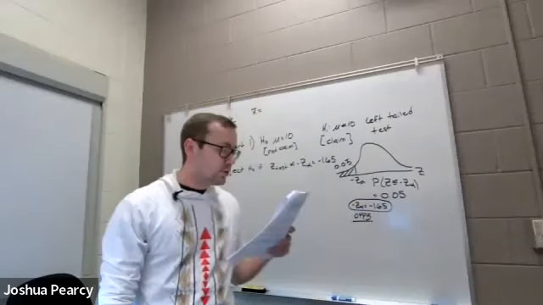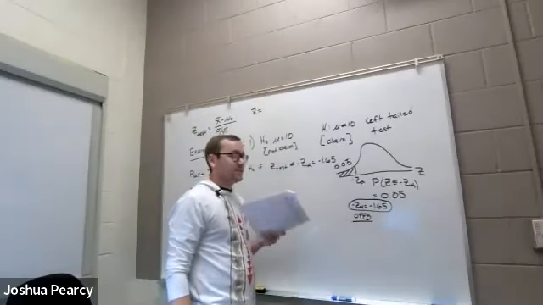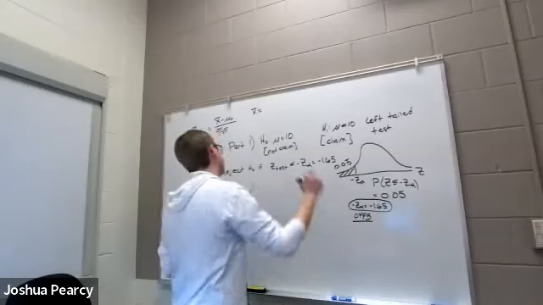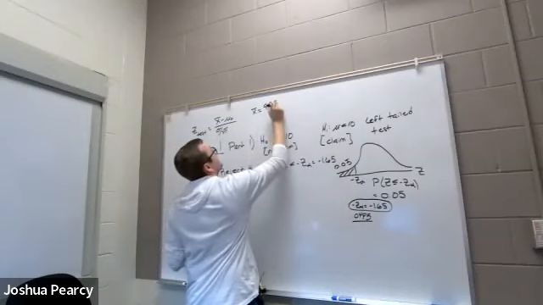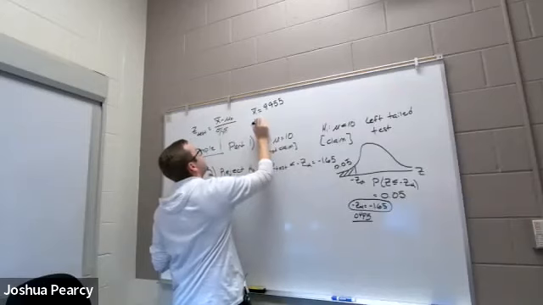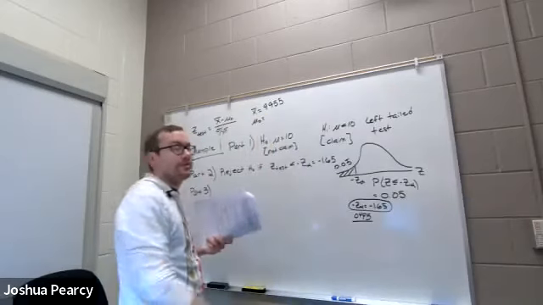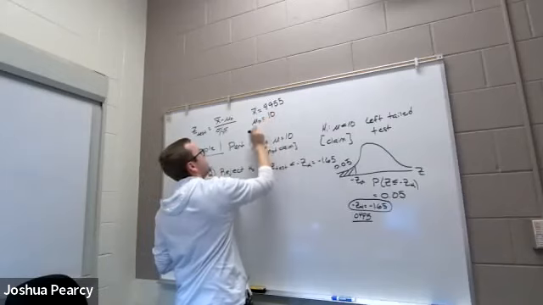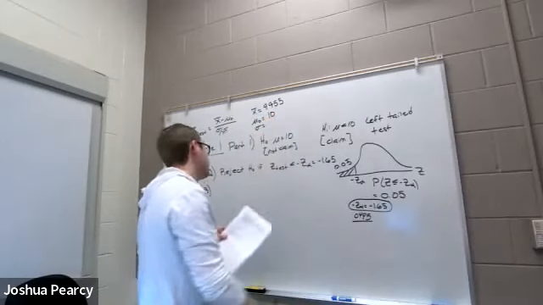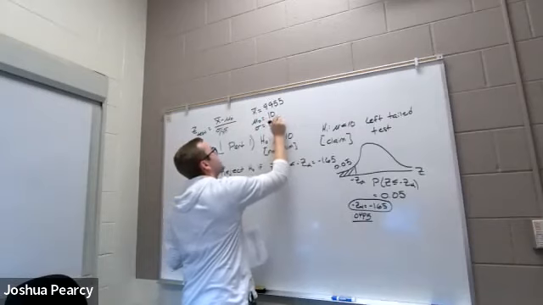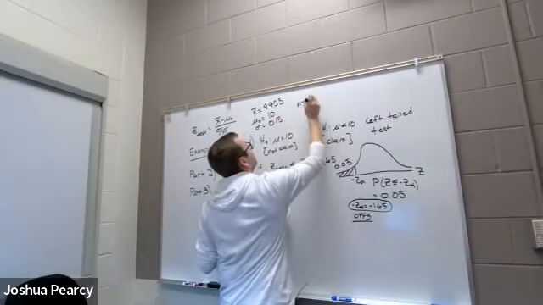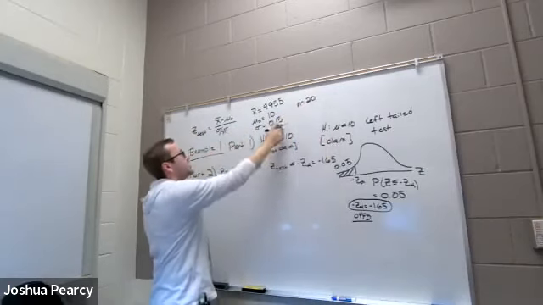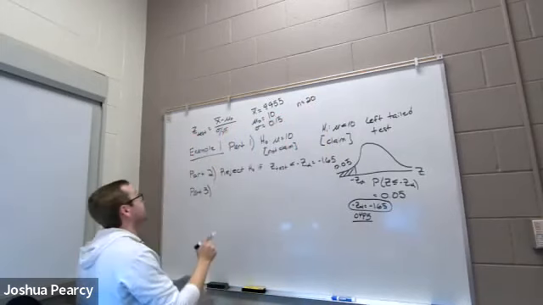The sample mean was what? 9.955. The hypothesized mean is what? 10. The standard deviation is what? Yeah, 0.15. And n is what? Then you have all the pieces you need to put into here. So just plug it in.